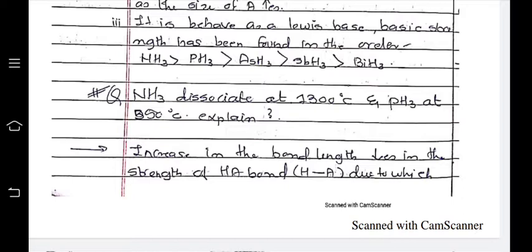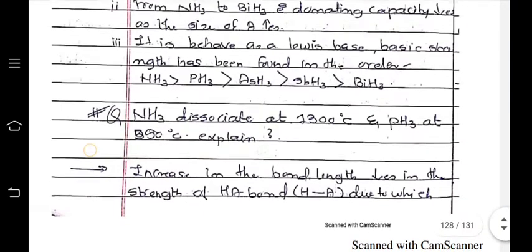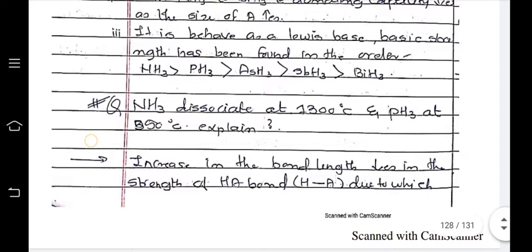It behaves as a Lewis base. Basic strength has been found in the order NH3, PH3, AsH3, SbH3, and BiH3.